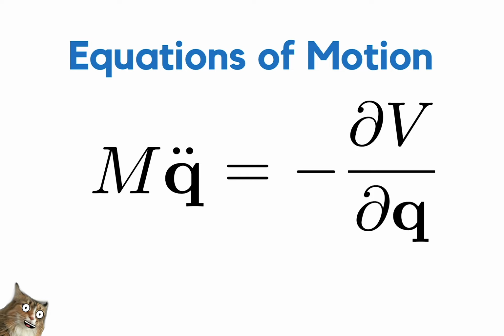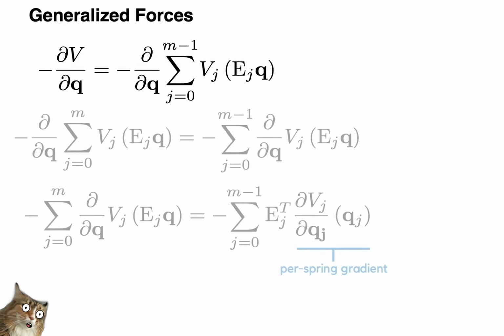But we aren't quite done yet. We know that our bunny potential energy is more complicated than our single spring potential. Let's examine the implications of that. While you could directly try to compute the generalized forces from the bunny potential energy, we can be a little bit smarter about it and make our lives a little bit easier.